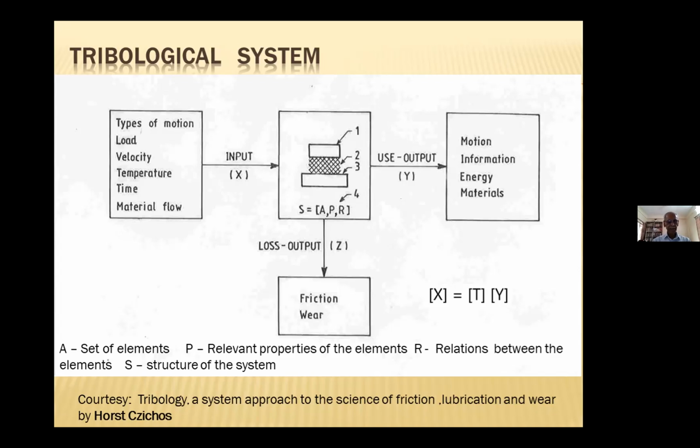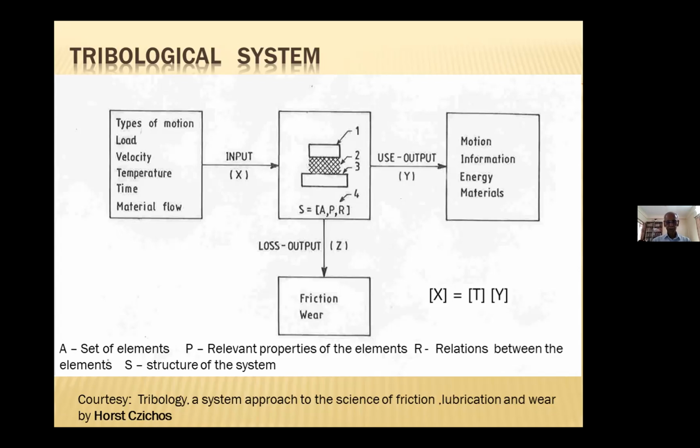I felt that Professor Czichos's approach to tribological system would be useful one day, and we may come up with a useful transfer matrix for any individual tribological system.